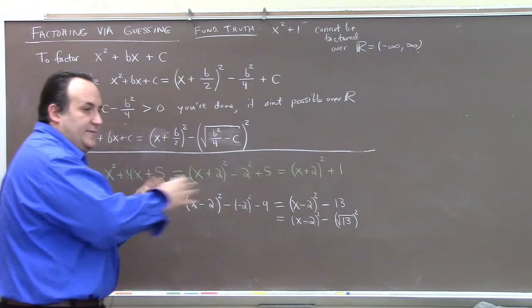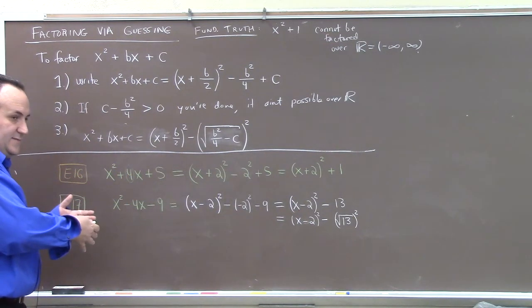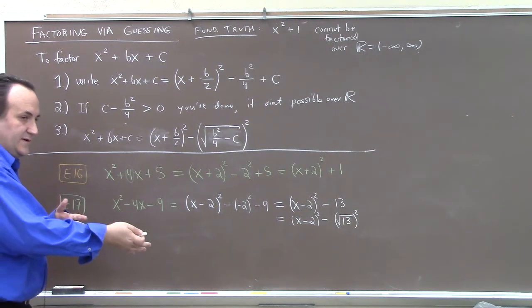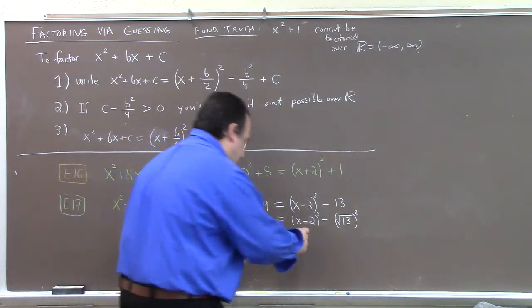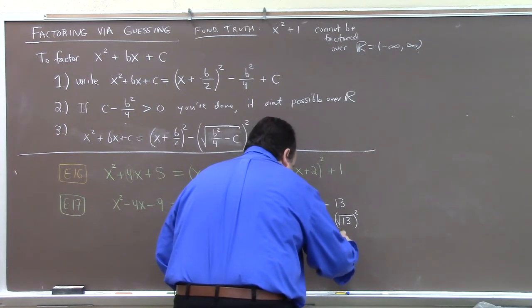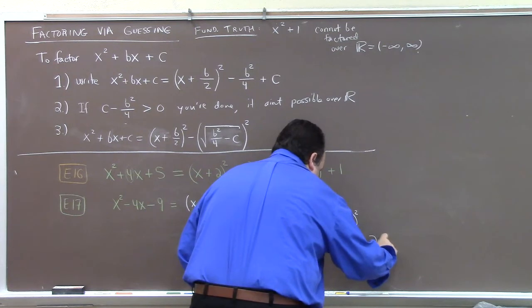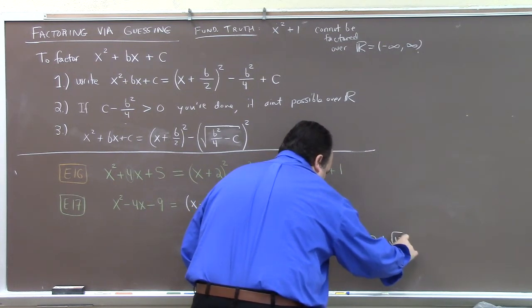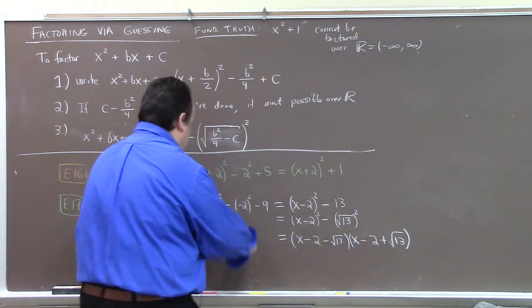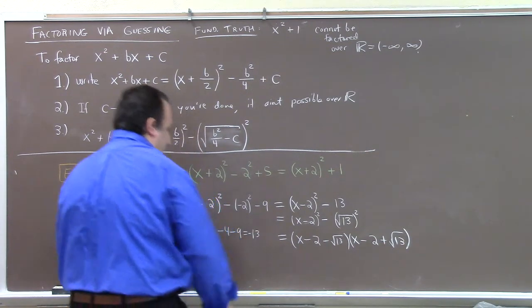This is a squared minus b squared, with a equals x minus 2 and b equals the square root of 13. So we've got x minus 2 minus the square root of 13, times x minus 2 plus the square root of 13. This is 4 minus 17, it's minus 13. That's that, yeah.